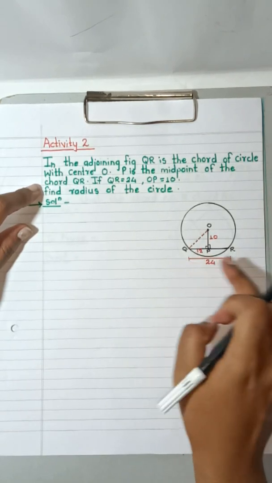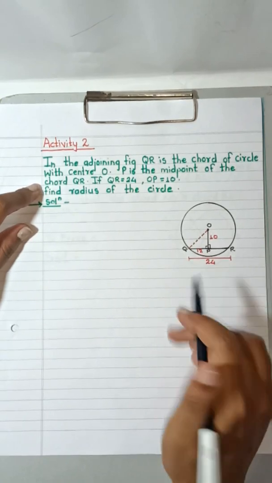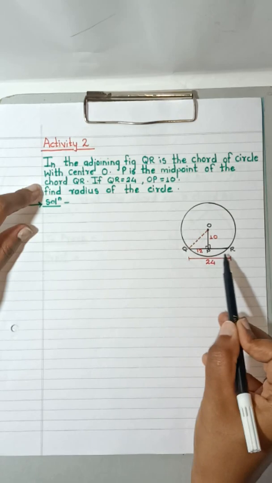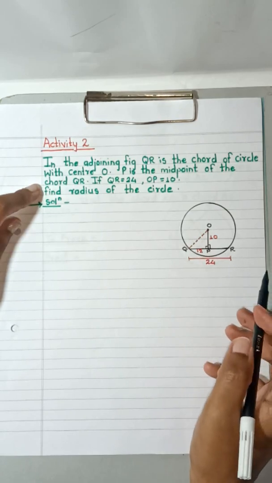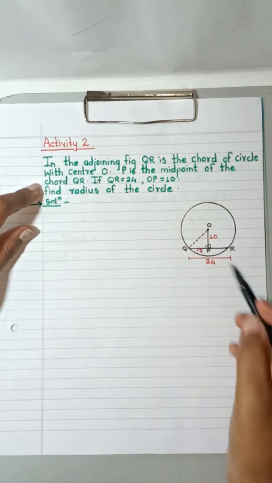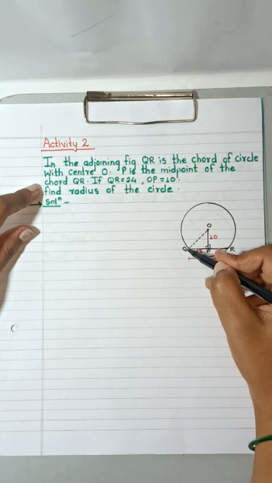That means QP is equal to PR is equal to half of QR. You can see this QP is equal to this PR is equal to half of QR. If the length of the chord QR is 24 and OP is 10, then we have to find the radius of the circle.